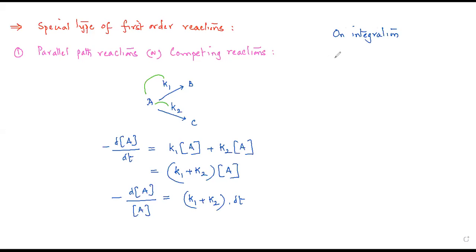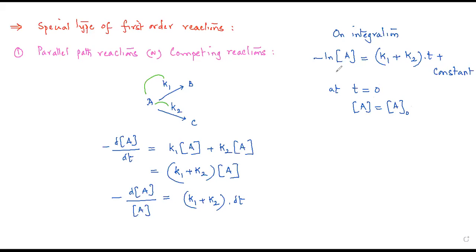Of course, the discussion will be the same as what we have seen in the first order reaction. It comes out to be minus ln A equals K1 plus K2 into T plus, of course, a constant. Okay. So at time T equal to 0, concentration of A can be given as A naught, because we are just about to start the reaction. So the concentration of A left is the initial concentration of A, right?